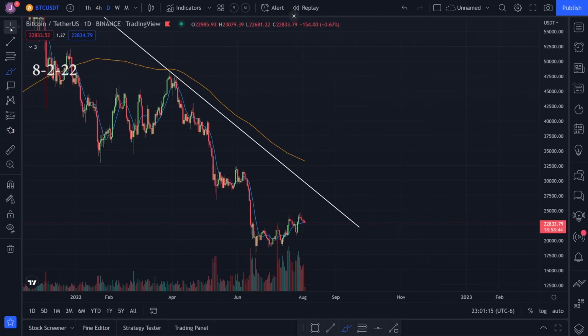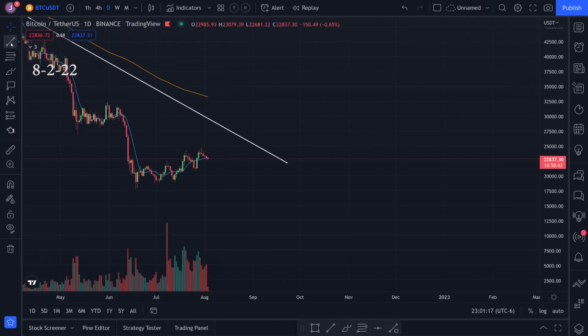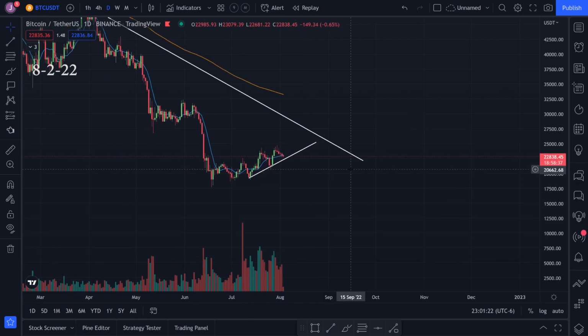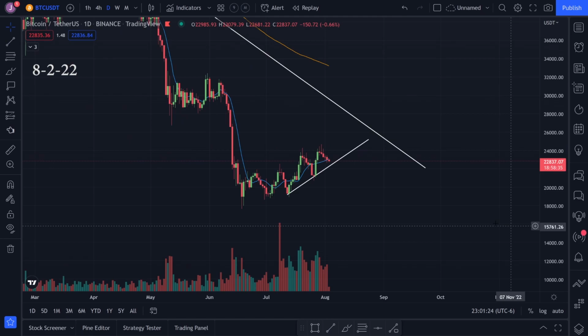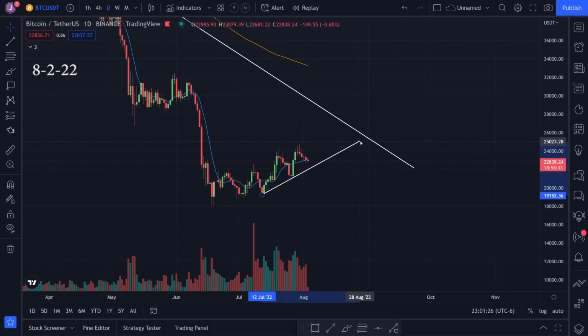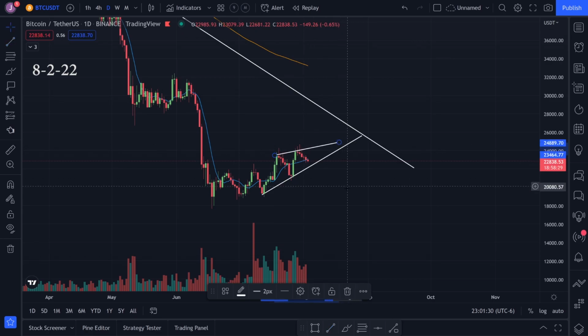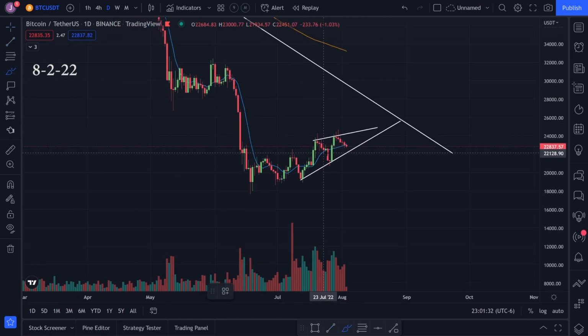And like I was saying, we have a little uptrend right now, something like this. So it just depends on how you look at it, but in my opinion, I'm looking at this little rising wedge, and I'm waiting for a break in this line or in this line.